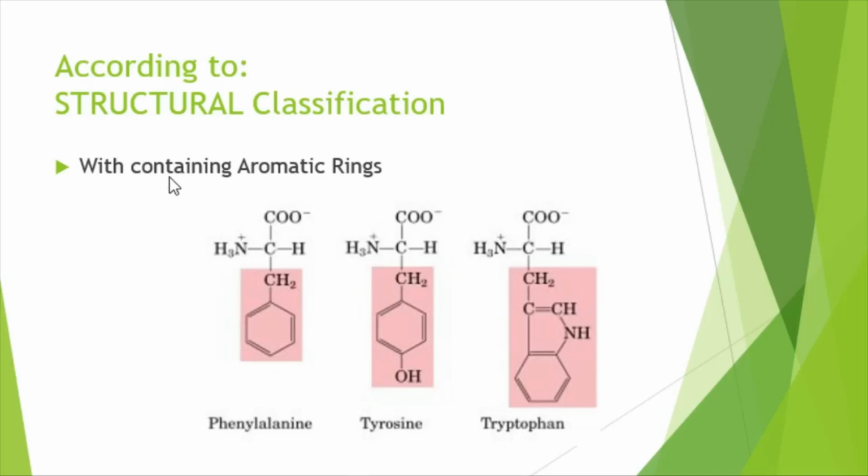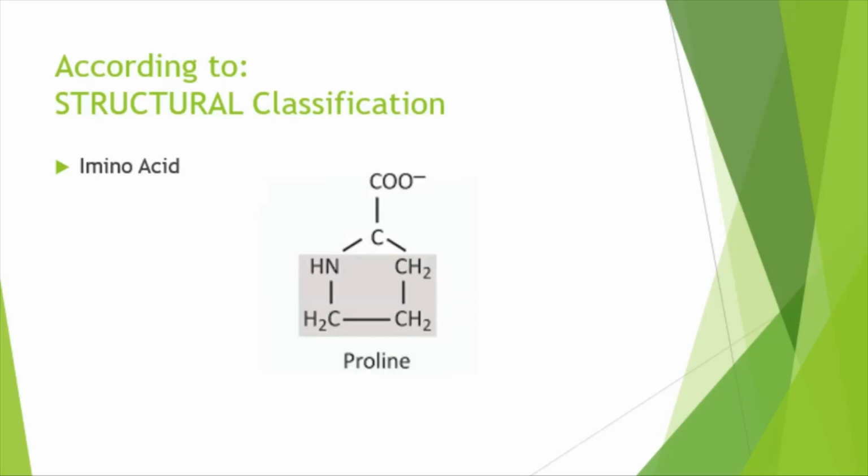And with containing aromatic rings. So as you can see, we have here your phenylalanine, tyrosine, and tryptophan. It has aromatic rings. And we also have your imino acid. So as you can see here, the group that is attached, a radical, was attached to both the carbon and the amino group of the amino acid.